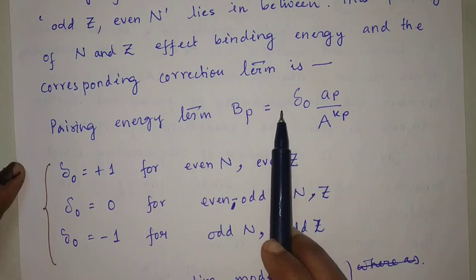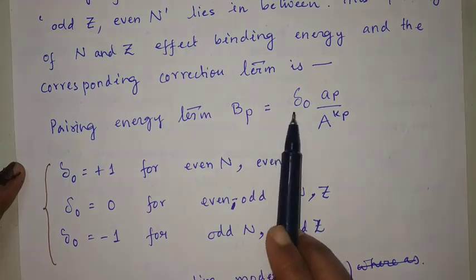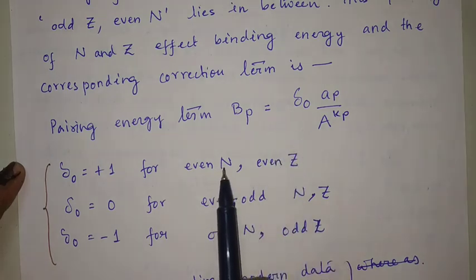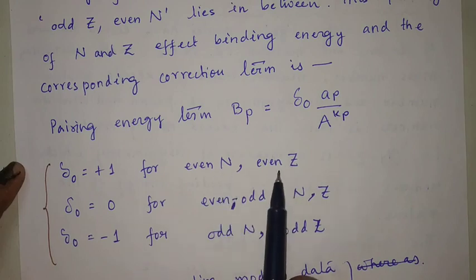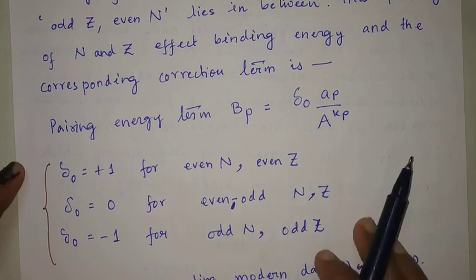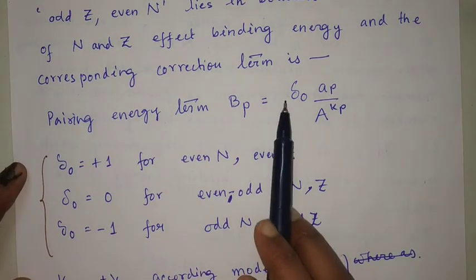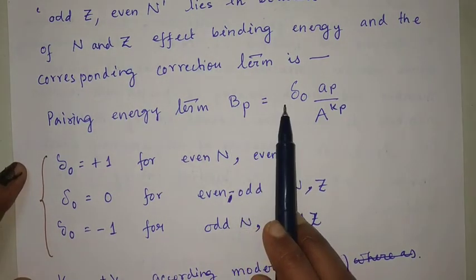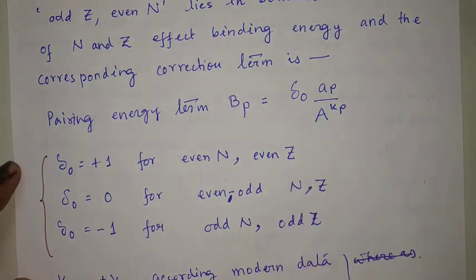It will contribute positively and increase the value of binding energy for even proton and even neutron, so those nuclei are more stable. Then if delta 0 is minus 1, the BP term will be negative. It will decrease the total binding energy.